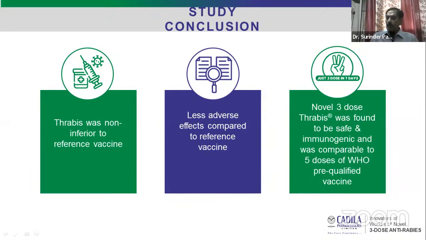The novel 3 dose rabies vaccine was found to be safe and immunogenic and was comparable to 5 doses of WHO pre-qualified vaccine. All these cell culture vaccines are WHO pre-qualified, but rabies is on the wait list here. And after 5 doses of WHO pre-qualified vaccine, we are having the same results as those of the rabies vaccine.